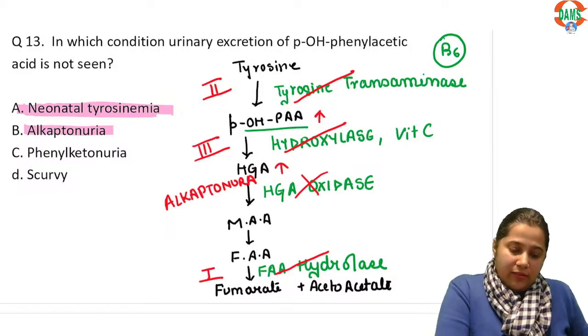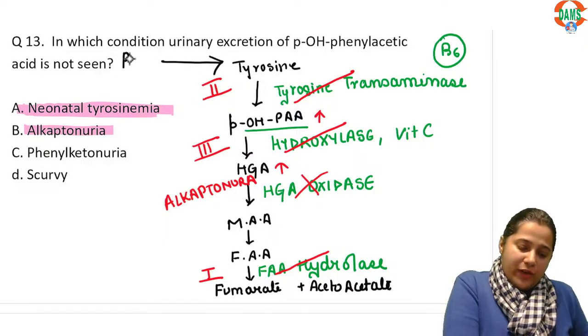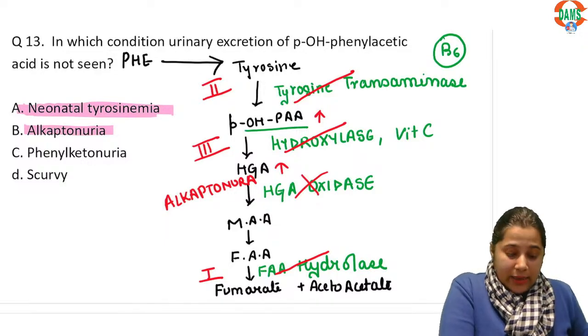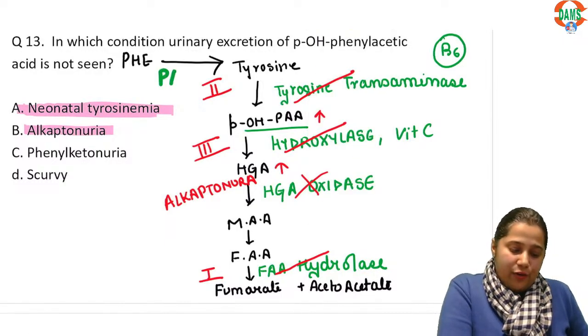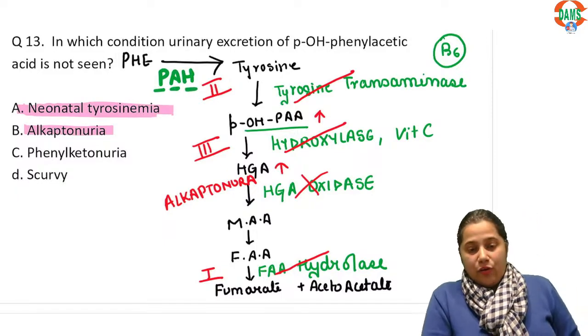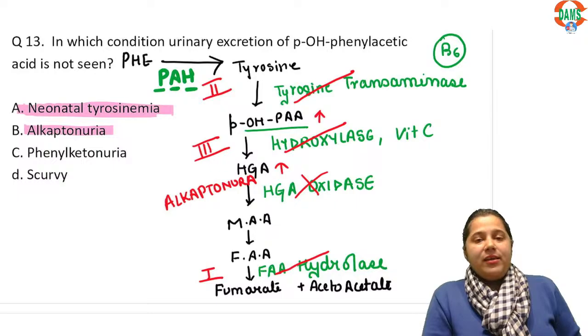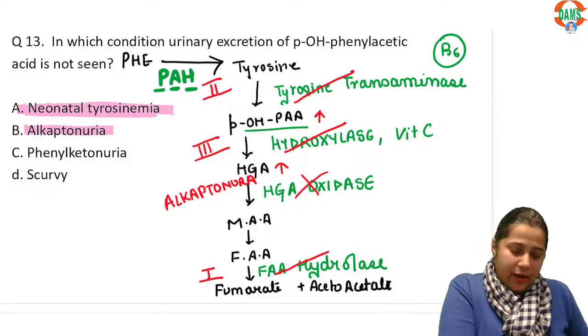Phenylketonuria is a defect where tyrosine is formed from phenylalanine by the enzyme phenylalanine hydroxylase. If this enzyme is defective, then phenylalanine will be very high.